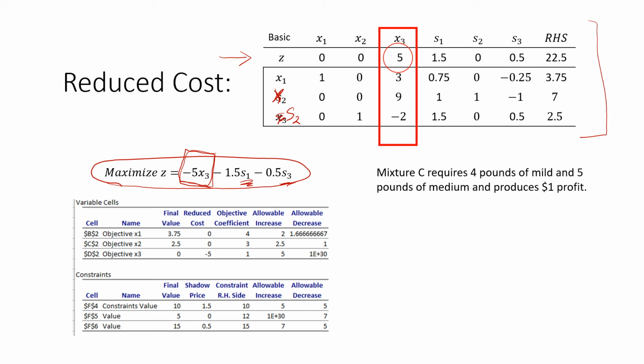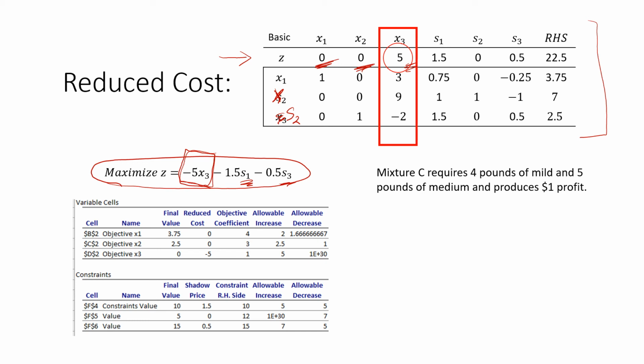So increasing the production of something reduces your profit. And in this case, the reduced cost of our first blend is 0, of our second blend is 0, but of our third blend is 5.